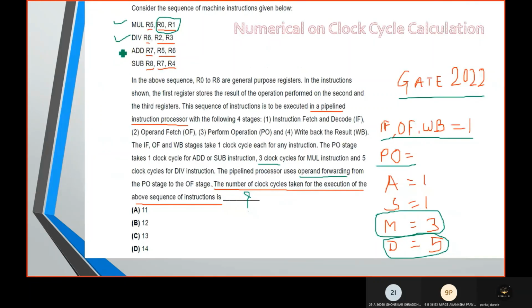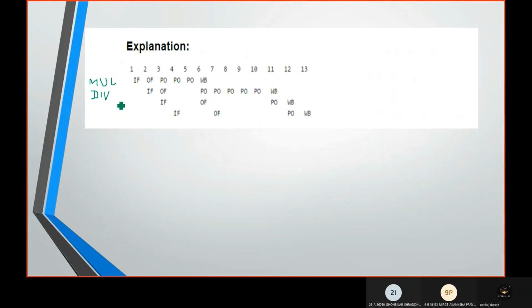I am moving ahead with the addition instruction. For the addition instruction, I write the different stages. As you can see, instruction fetch is taken next to the division's instruction fetch. Then operand fetch I can take here or here, that is not the issue.